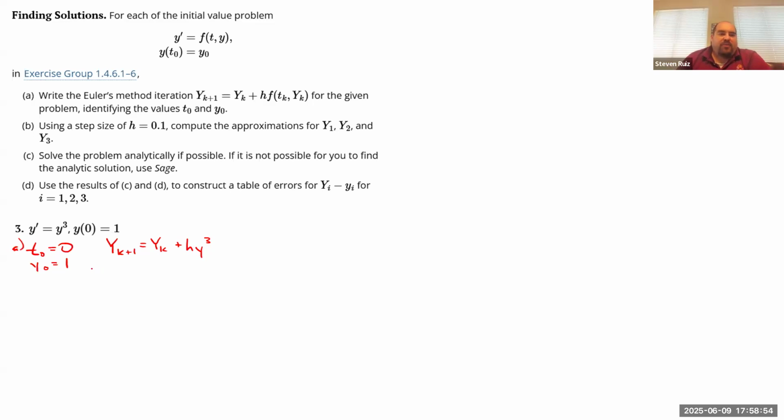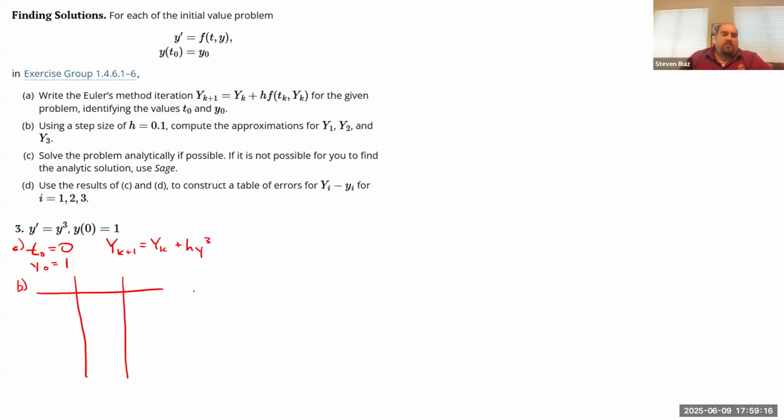Then for part B, I'm going to approximate the first few values here. So let's set up a table. I'm going to find y1, y2, and y3. So basically, I'm going to run through 3 iterations of Euler's method.